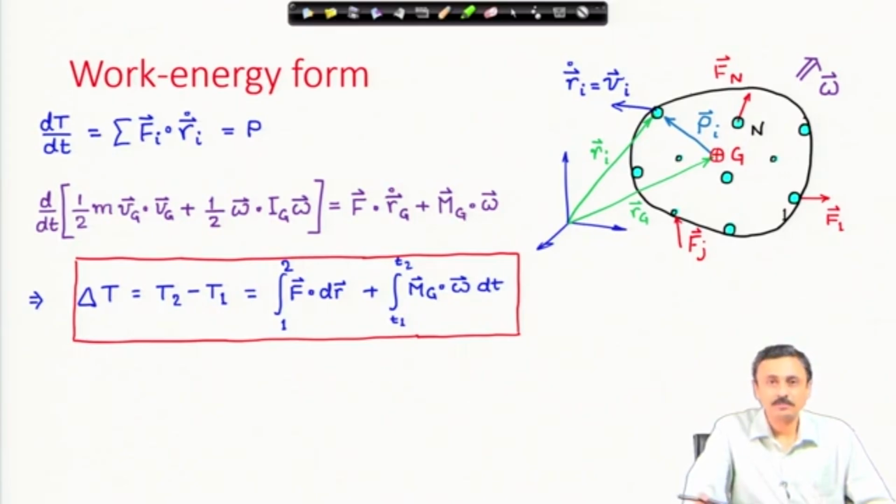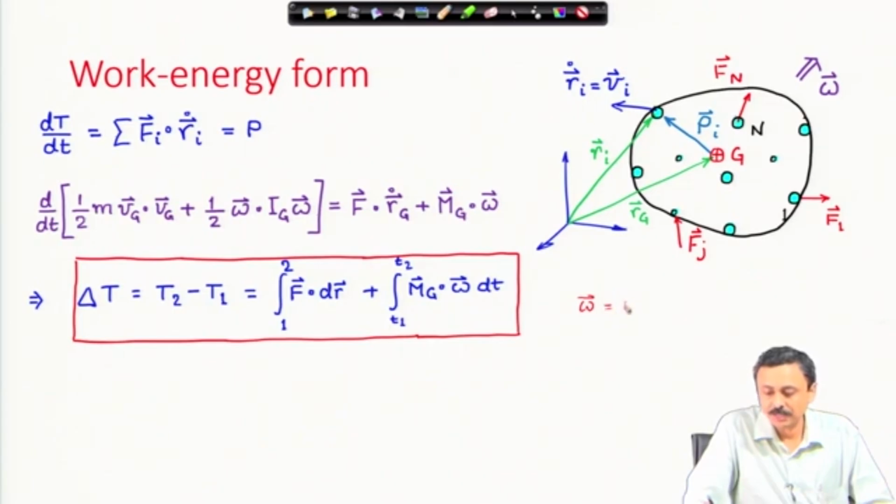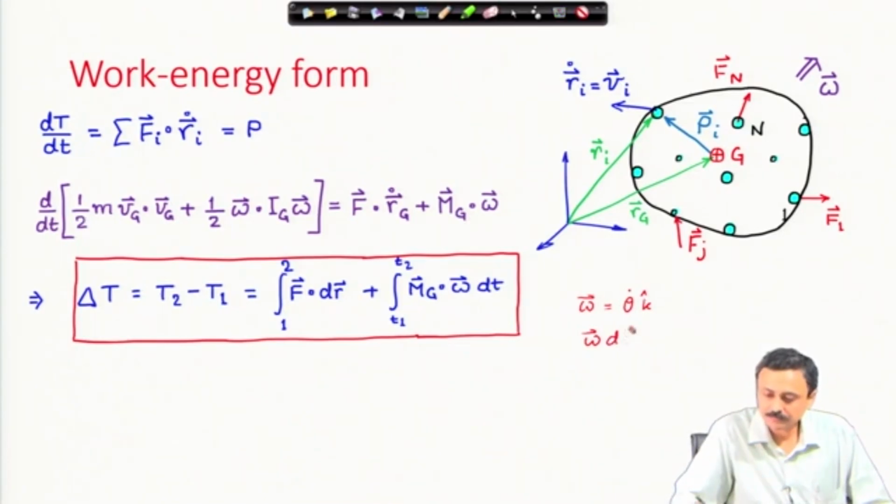A general omega is not the time derivative of a vector quantity, but for planar motion I write omega as theta dot k cap. In this case, I can do this integral. So, omega dt in this case, I can write as d theta k cap.